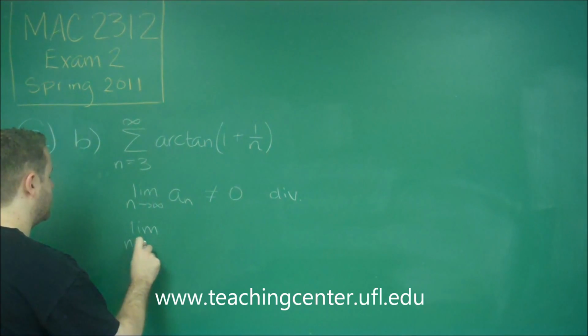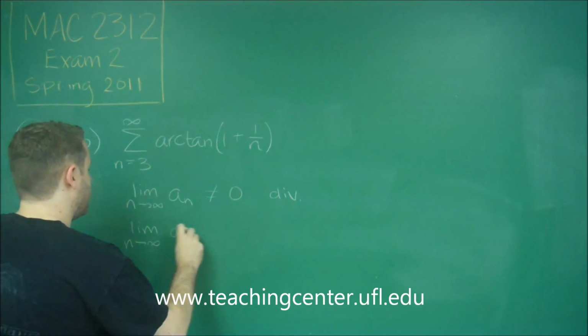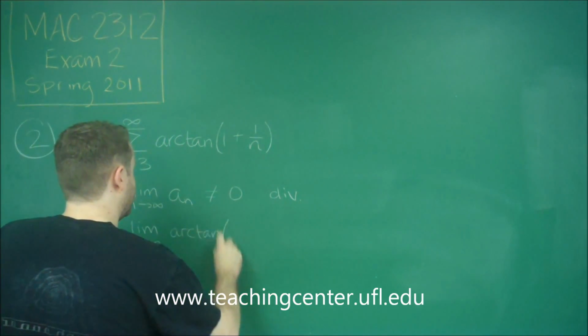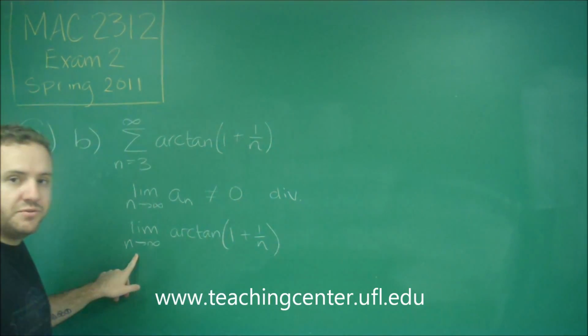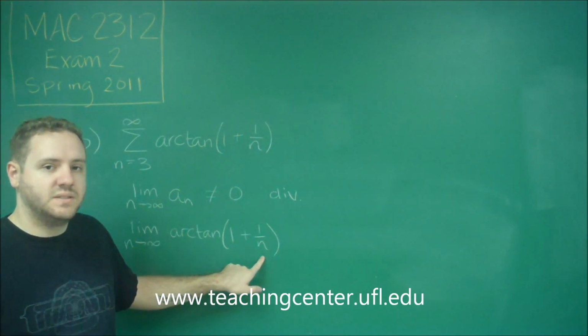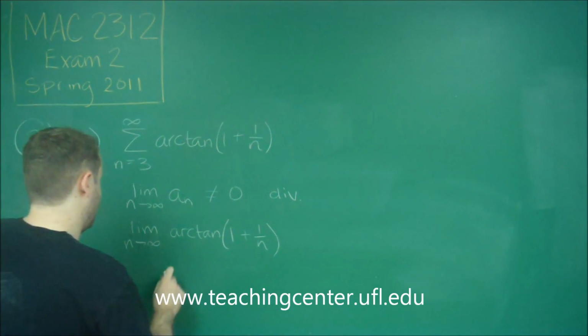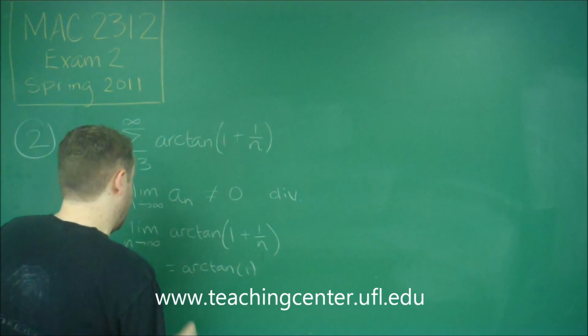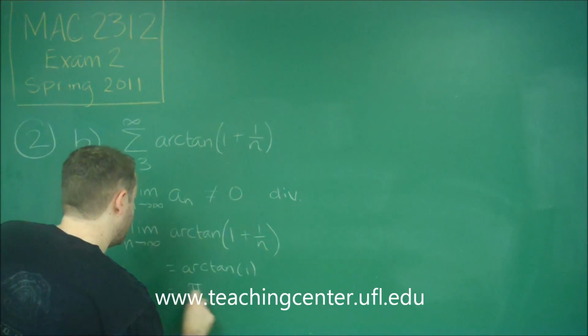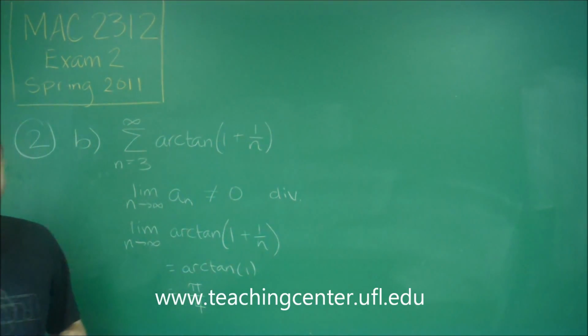We have the limit as n goes to infinity of arctan of 1 plus 1 over n. Well, as n goes to infinity, 1 over n goes to 0, and we just get arctan of 1. And arctan of 1 is pi over 4.